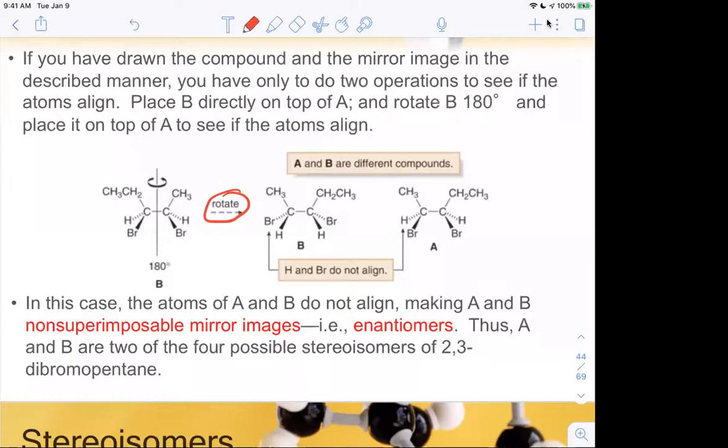And what I'm going to find out is there is no way that A and B are going to be superimposable on one another. Therefore, A and B are non-superimposable mirror images, which makes them enantiomers. So I have one set of enantiomers, and A and B are 2 of the 4 possible stereoisomers.